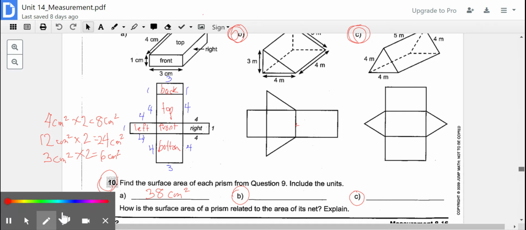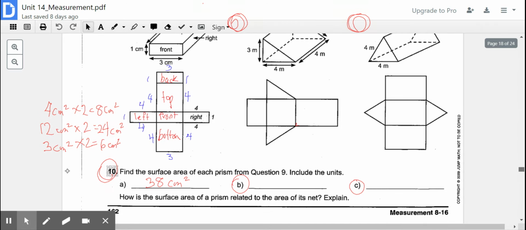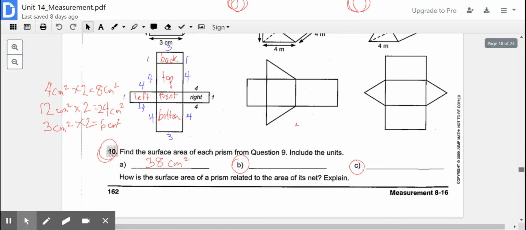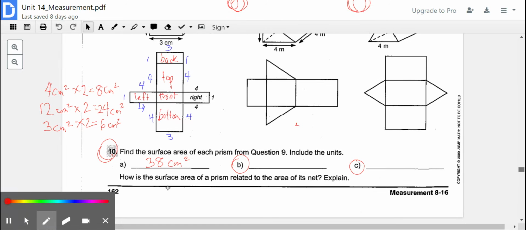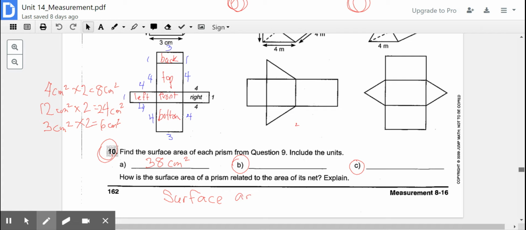Let's take a look at the final question they ask us there. The final question is, how is the surface area of a prism related to the area of its net? And the surface area is equal to the area of the net.